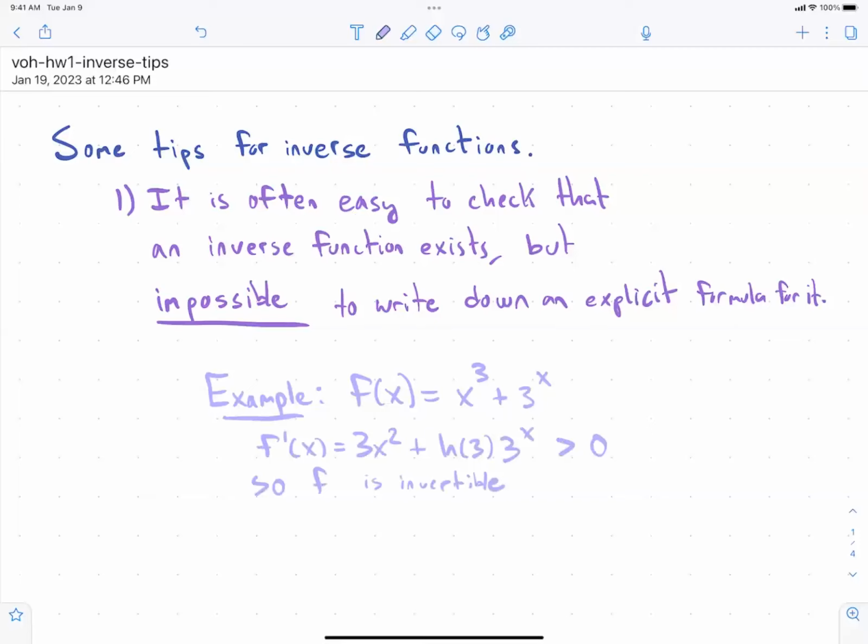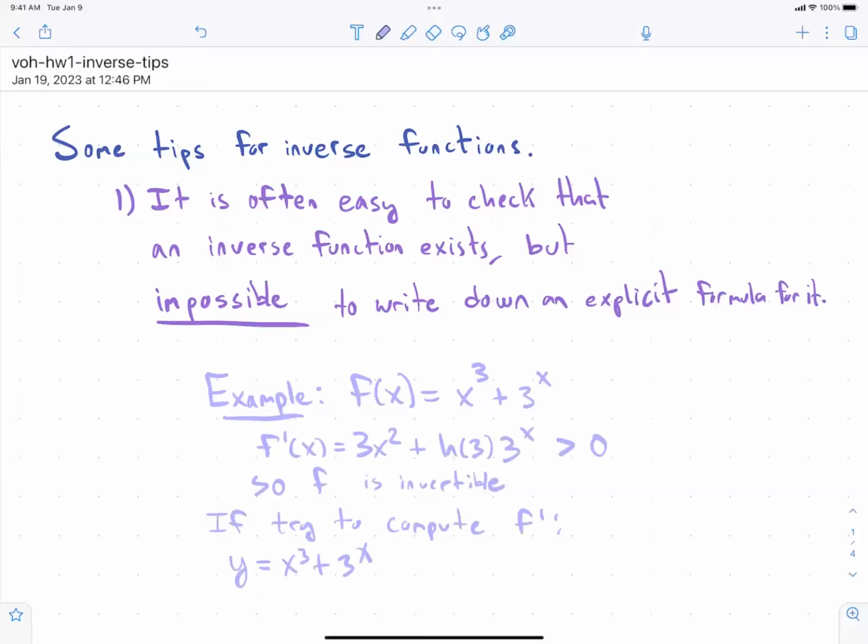But there is essentially no way you can solve for x. If I try to compute f inverse, I would start by saying y is equal to x cubed plus 3 to the x. Sorry, to solve for x, I guess is the issue.